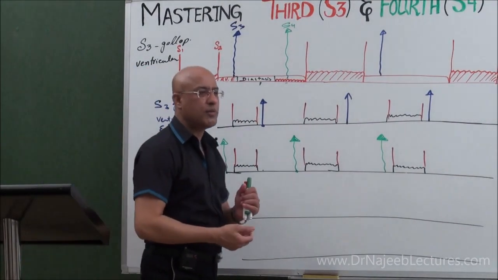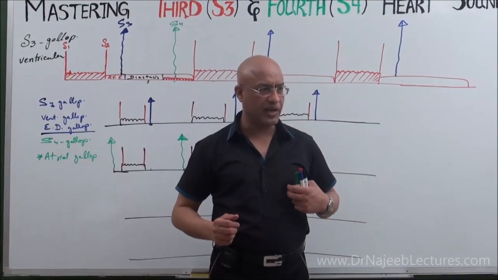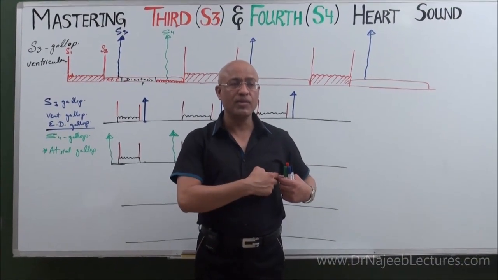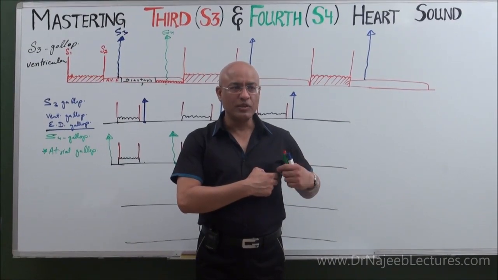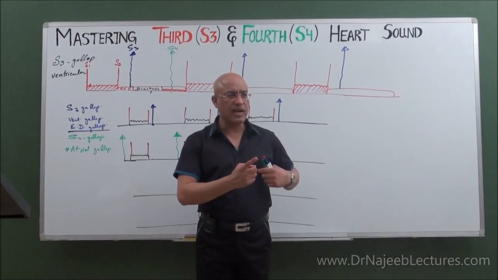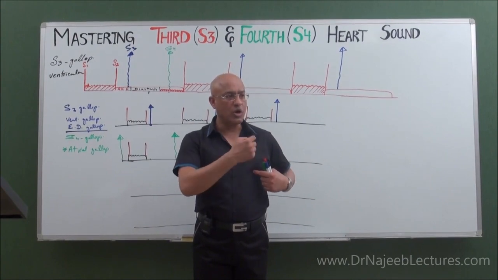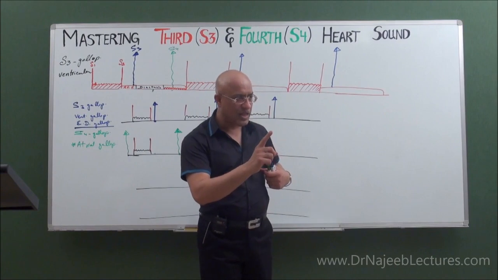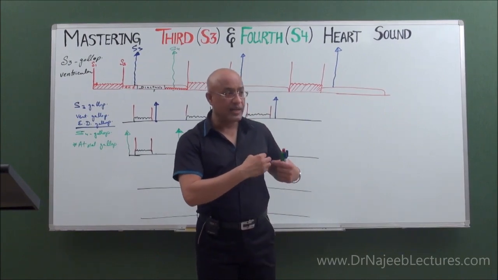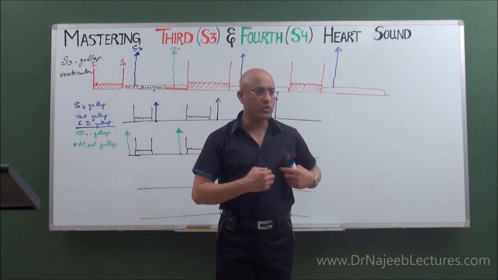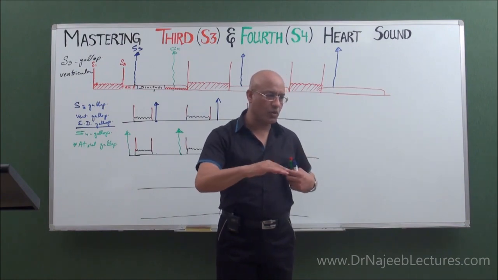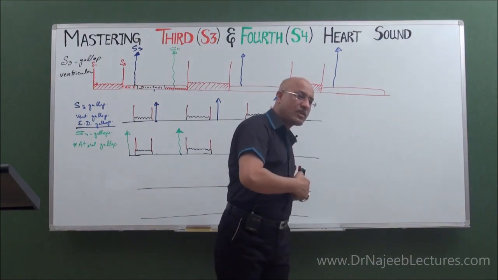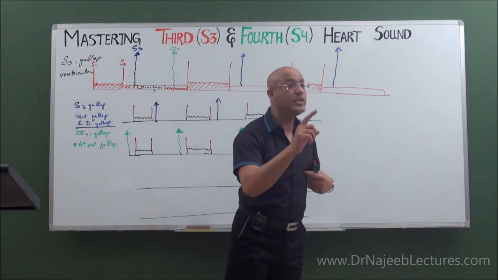I will repeat and you will tell me which sound. If you are putting the stethoscope here on the apex beat, what have you applied? Bell. To hear the S3 and S4 sounds in the left ventricle, you should ask the patient to lie down in bed and turn to the left lateral position. This is called left lateral decubitus position.